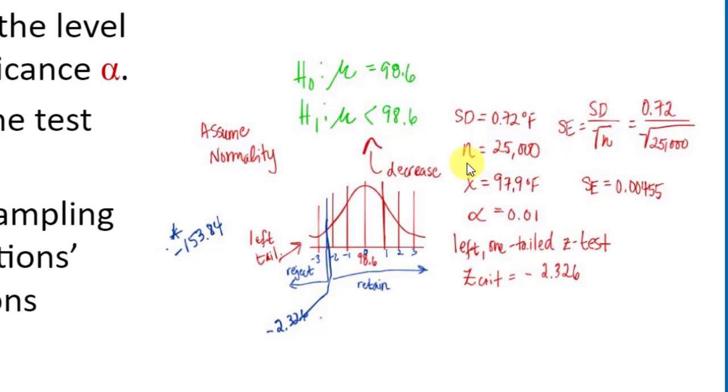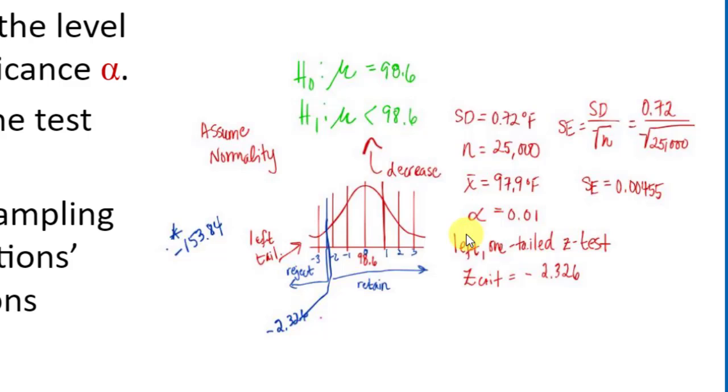We knew that the sample size was 25,000 and that when those readings were averaged, the mean for the sample was 97.9 degrees Fahrenheit. The scenario asked us to make sure that we did not risk more than 1% of committing a type 1 error, and we were looking to see if the temperature had decreased.